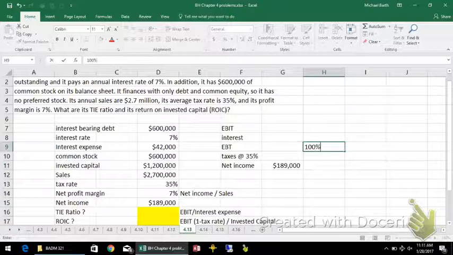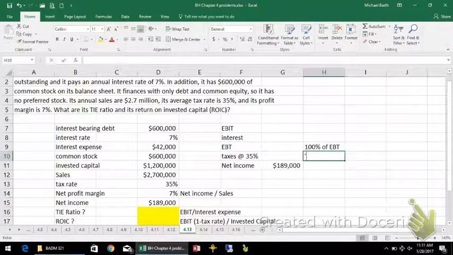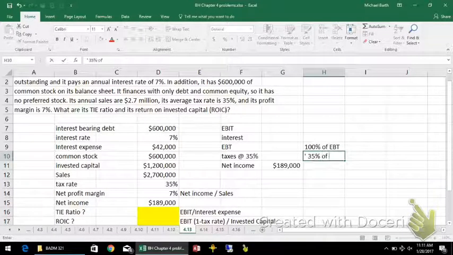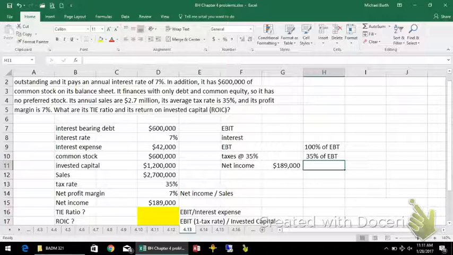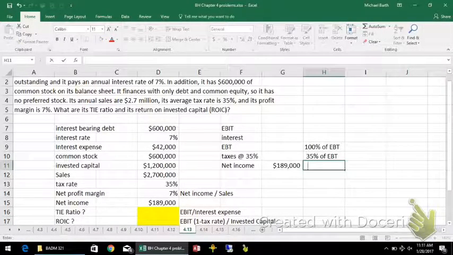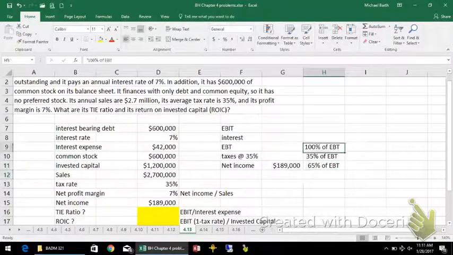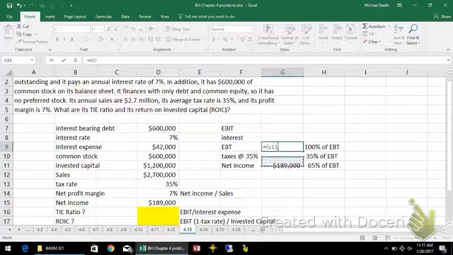If I took 100% of taxable income and subtracted 35% of taxable income, what's left over would be 65% of taxable income. So that is 65% of the total.